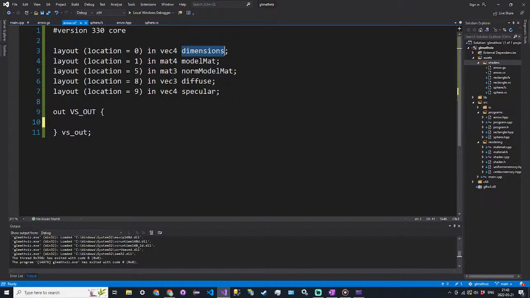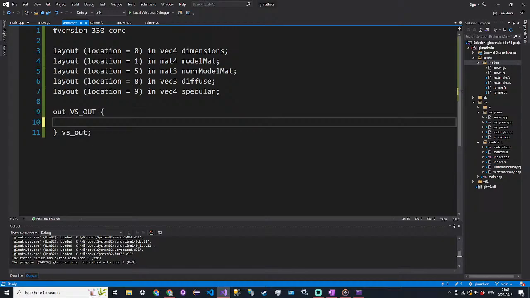Every time the vertex shader gets invoked, we get a dimension vector, a model matrix, a normal model matrix, a diffuse color, and a specular color with shininess constant, and that represents a singular instance. So we just want to funnel all this data into the geometry shader. We can communicate with the geometry shader, not using in and out variables, but by using this structure here, vs out.